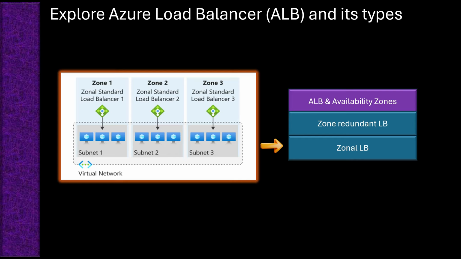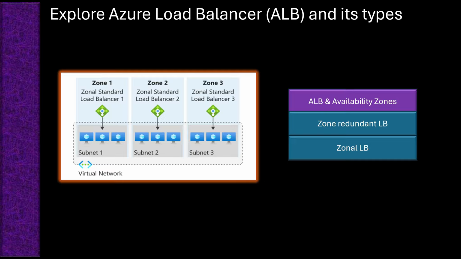For a public load balancer, add a zones parameter to the public IP configuration and assign it to the specific zone. For an internal load balancer, add the zones parameter to the front-end IP configuration within the virtual network. This way, the internal IP address for the load balancer is tied to a specific zone and will enhance control over internal traffic distribution.